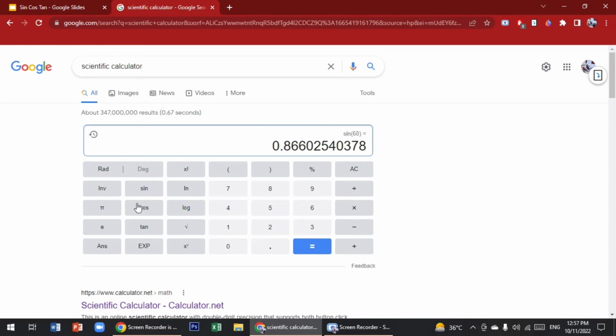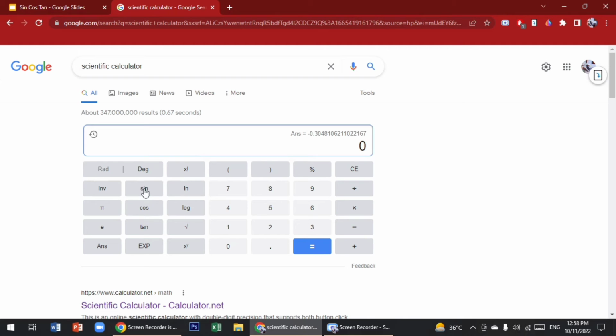But if I switch to rad, and write the same thing, sine 60, now I have a negative 0.30 something. So the answers in radians and degrees are different. That's why you have to make sure that your calculator is always on degrees, unless the question asks you to give your answer in radians. Then you set your calculator to radians. Otherwise, you keep it on degrees.